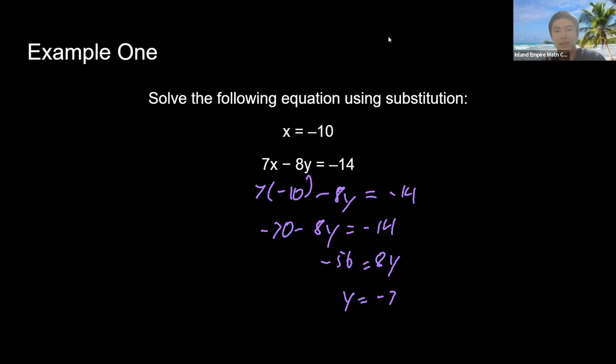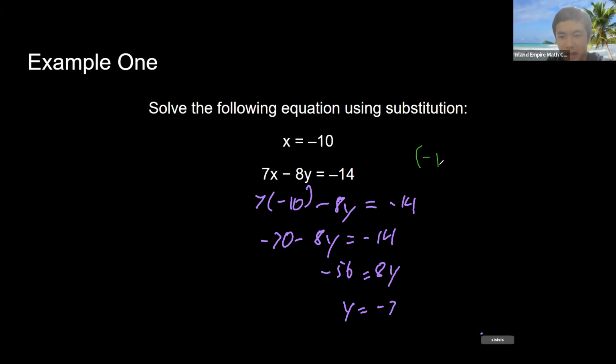So in this case, the solution would be -10, -7. And indeed, when you solve systems of equations, you usually write the answer in this form, equal to x, y. So in this case, the solution is x equals -10, y equals -7.